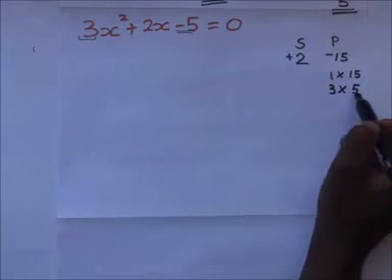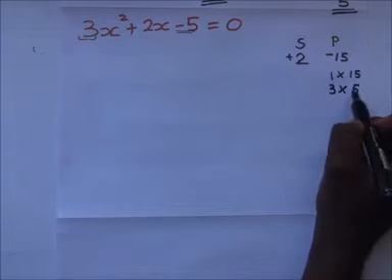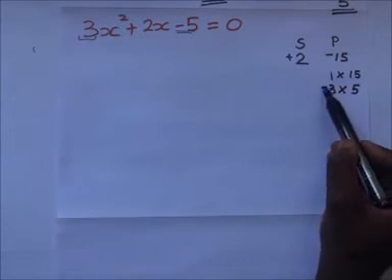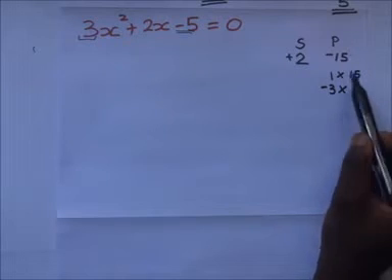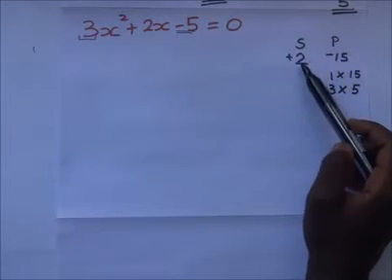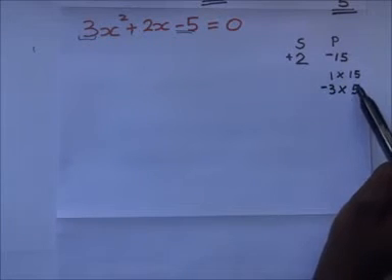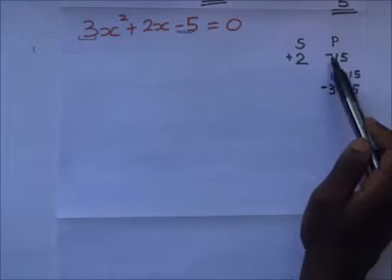I think 3 and 5 will give us what we want if we manipulate them. Now, if we make this 3 a negative, you realize that negative 3 plus 5 gives us a sum of positive 2. Then negative 3 times 5 gives us a product of negative 15.